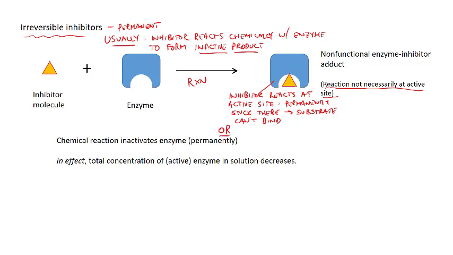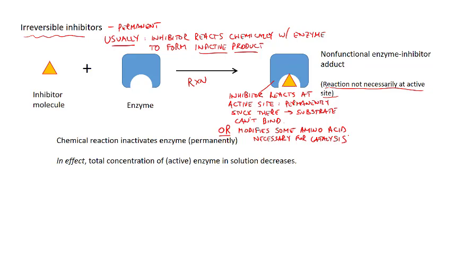So an alternate possibility is that it modifies chemically some amino acid that is necessary for catalysis. So for example, maybe the active site of your enzyme has a cysteine, and the cysteine is necessary for catalyzing the reaction.